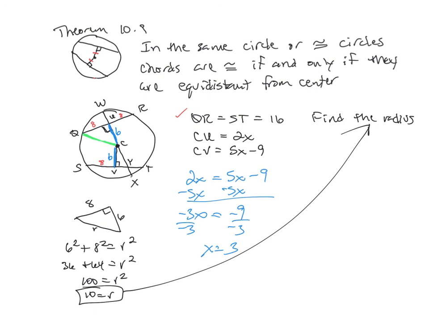Okay. All right. So you're going to have 2 problems like that, where it's going to say find the radius, and you're going to know that it's equal distance from the center to the chord, and then you're going to have to create a right triangle to solve.